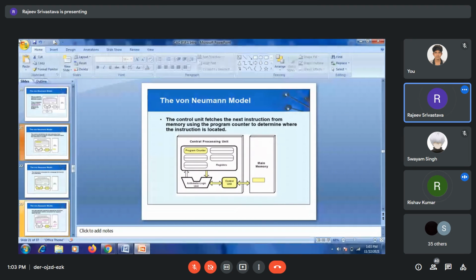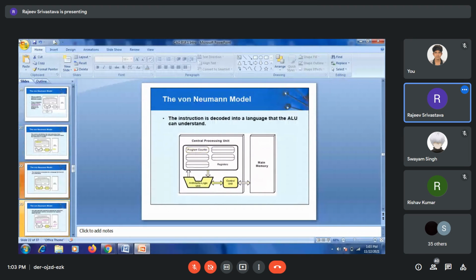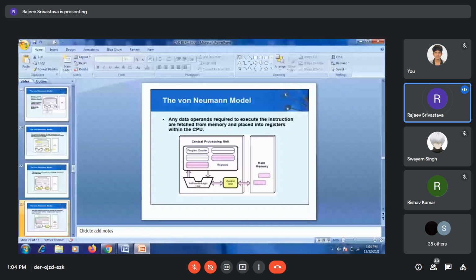These are just the sequence: first the main memory takes the program, then the instruction is fetched and decoded into a language that the ALU can understand. And any data operands required to execute the instruction are fetched from memory and placed into registers within the CPU.